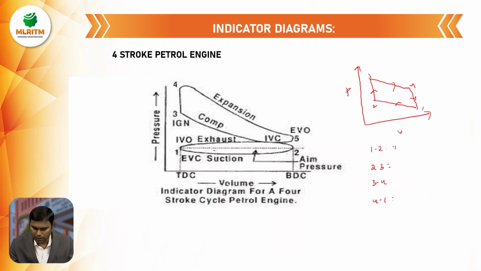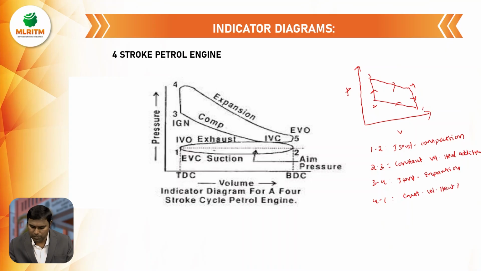So 1 to 2 is an isentropic compression. 2 to 3 is a constant volume heat addition. 3 to 4 is an isentropic expansion, and 4 to 1 is a constant volume heat rejection.